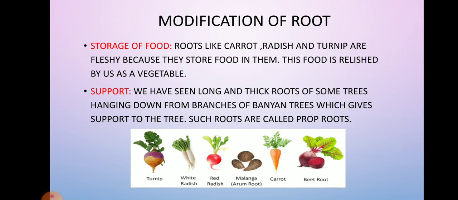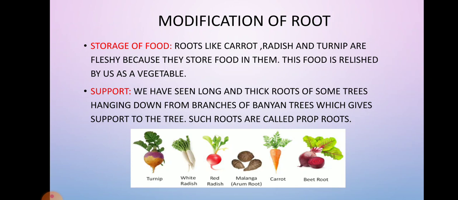Roots like carrot, radish and turnip are fleshy, and they store food in them. This food is relished by us as a vegetable. We all know that carrot, beetroot, turnip, radish, all these are the roots that are modified for storage of food. Okay, it's a kind of root which stores food and we use it as a vegetable for eating purposes. So they are edible roots, we can say.